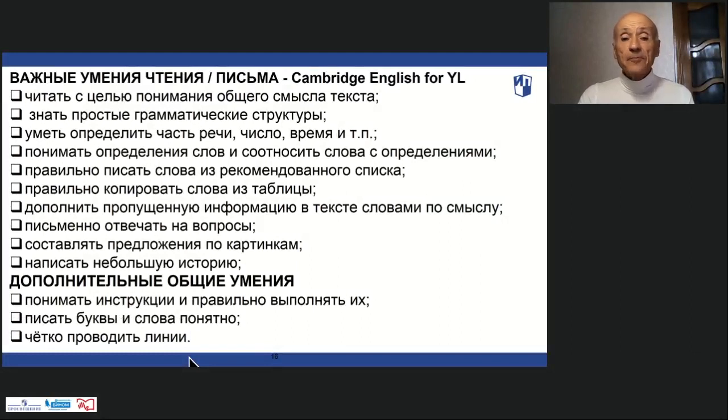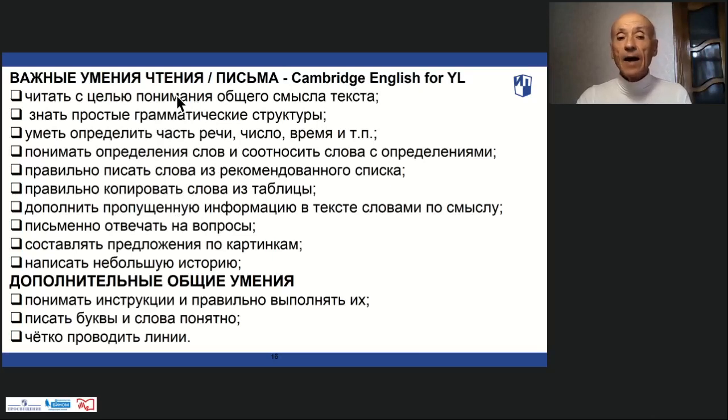There are some important skills that I would recommend to focus on in training our students towards Cambridge English for Young Learners, and not only.